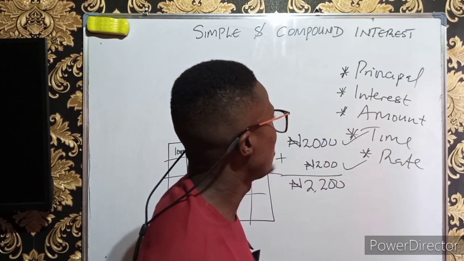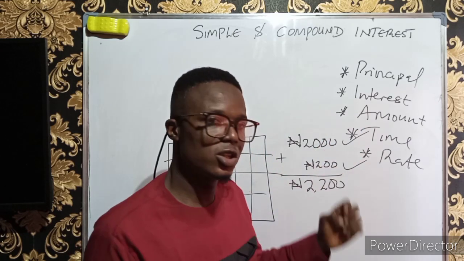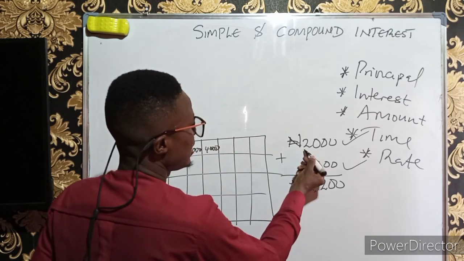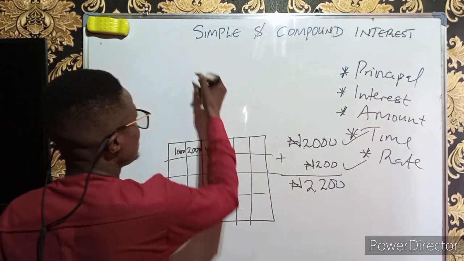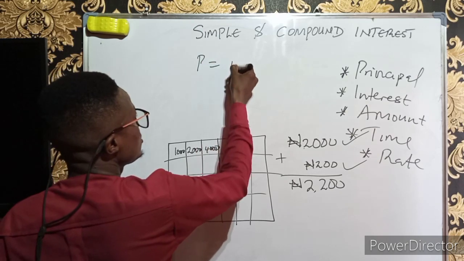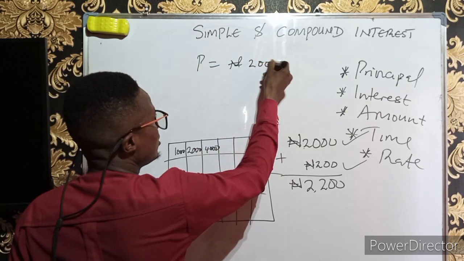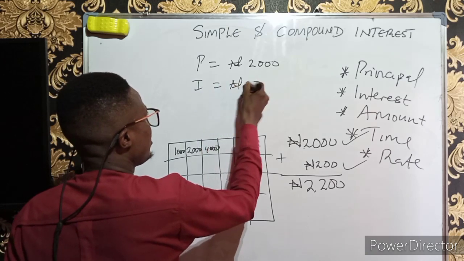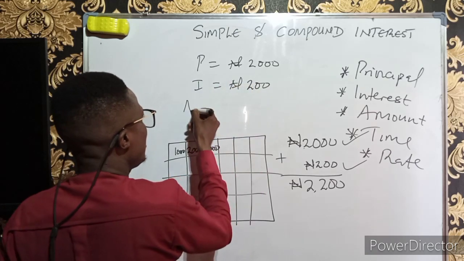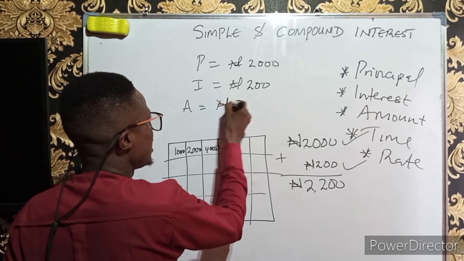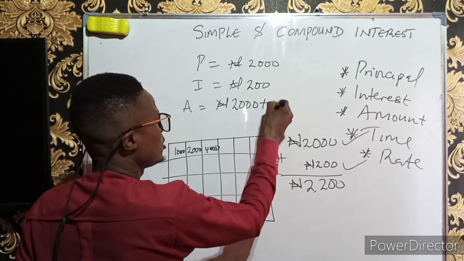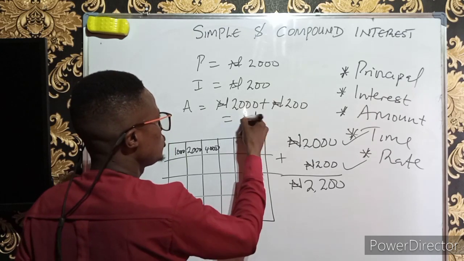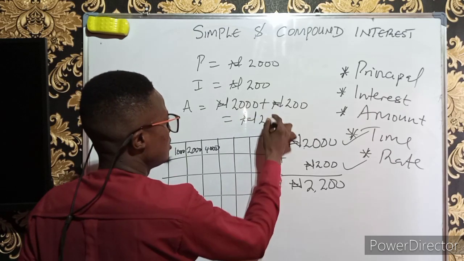Now we have the amount. The amount is just the sum of principal and interest. Let's say here I lent out 2,000 naira. So my principal is 2,000 naira. Now the interest is 200 naira. My amount will just be 2,000 naira plus 200 naira, which gives me 2,200.